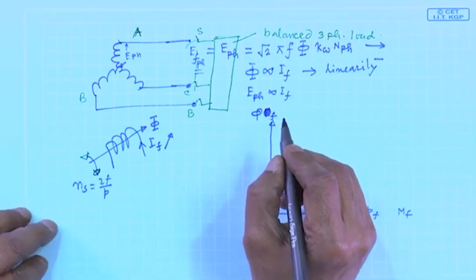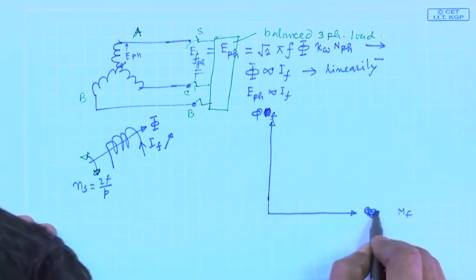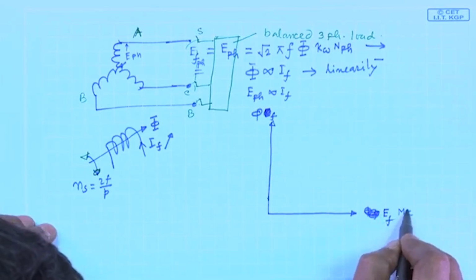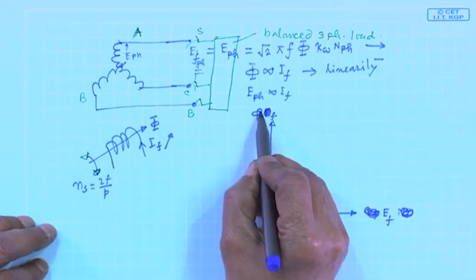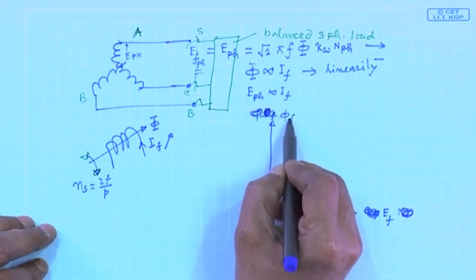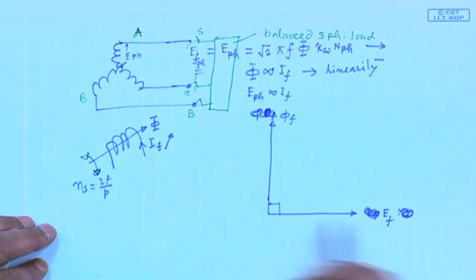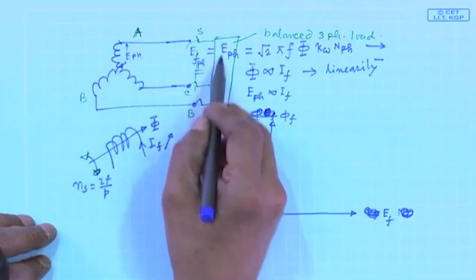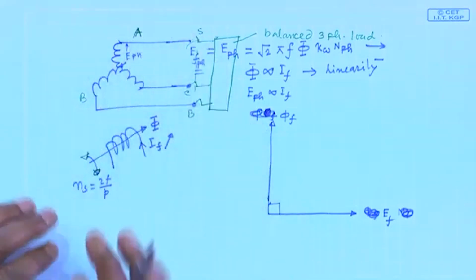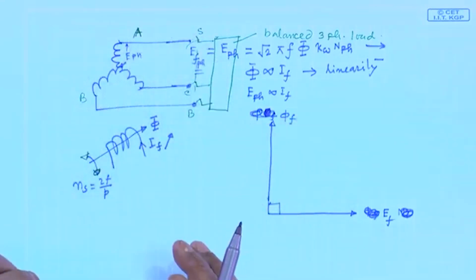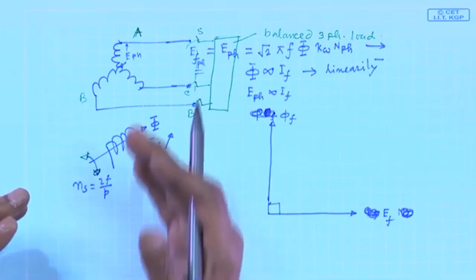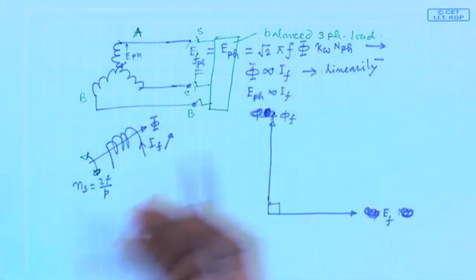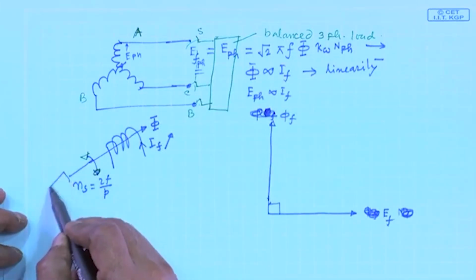It was shown like phi f and this is EF. I'm sorry, this is EF, so this is phi f. The induced voltage is 90 degrees lagging. Now, this induced voltage will therefore drive some current here. Balanced three-phase current is expected to be delivered, generator mode, the head is a prime mover, no problem.